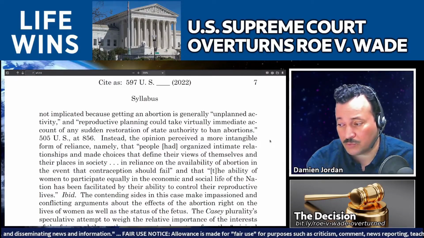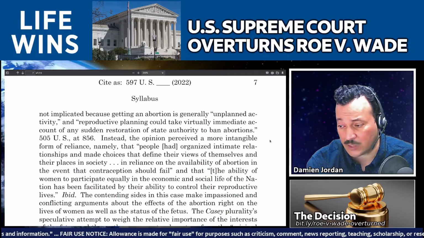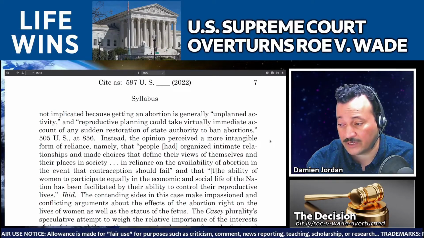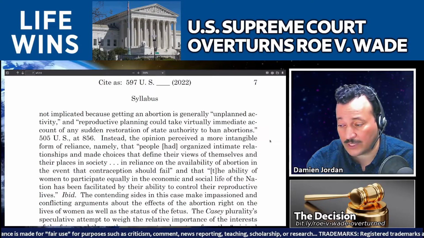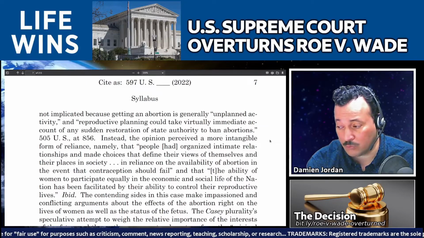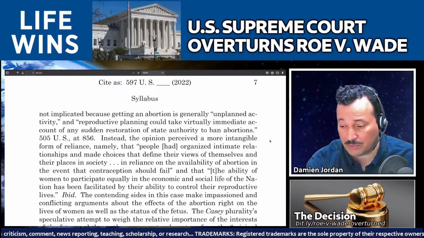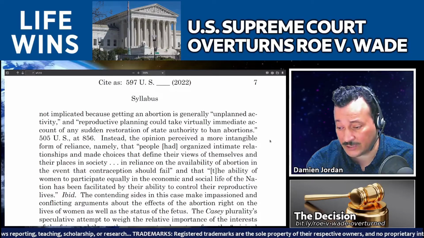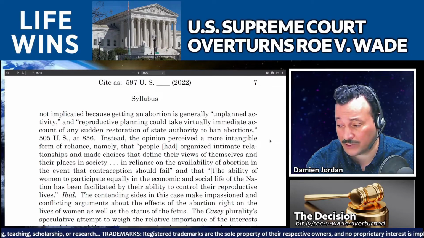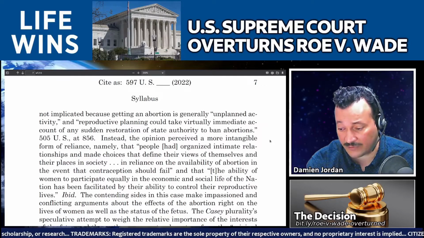Instead, the opinion perceived a more intangible form of reliance, namely, that "people had organized intimate relationships and made choices that define their views of themselves and their places in society, in reliance on the availability of abortion in the event that contraception should fail," and that "the ability of women to participate equally in the economic and social life of the nation has been facilitated by their ability to control their reproductive lives."